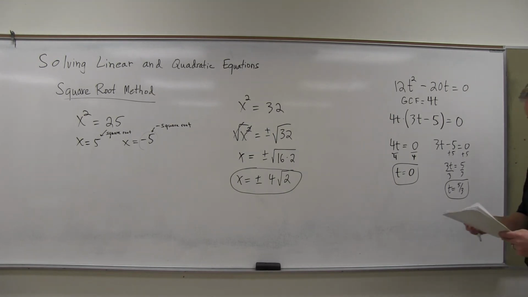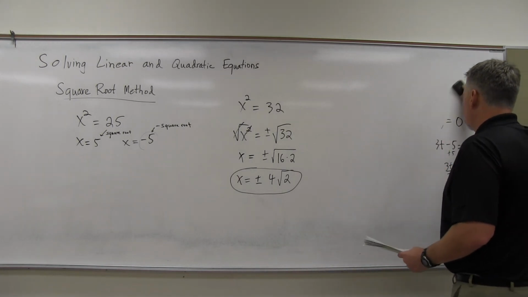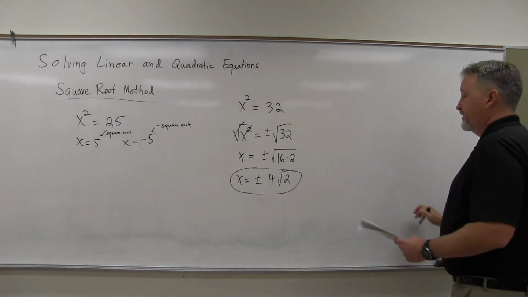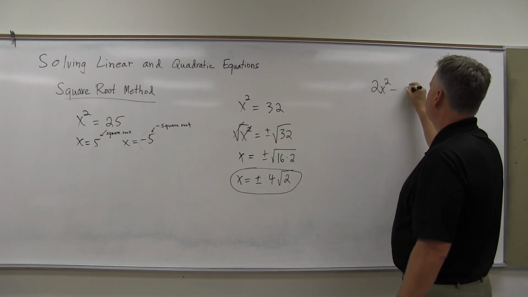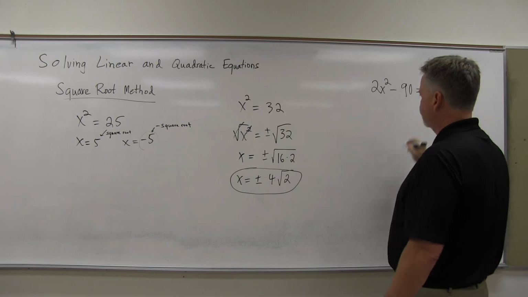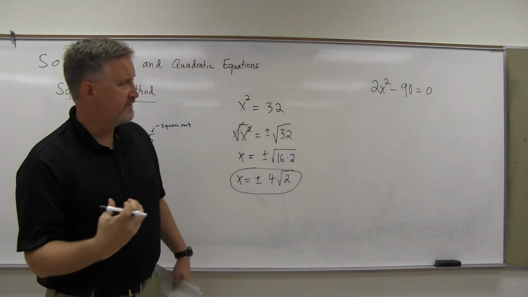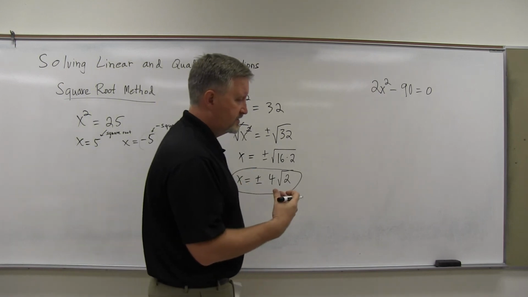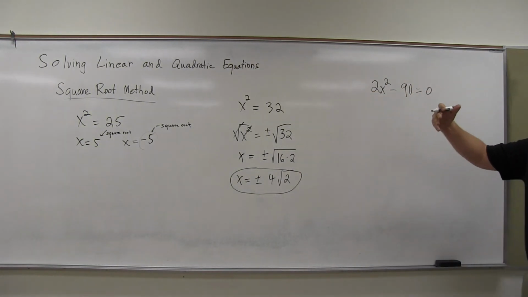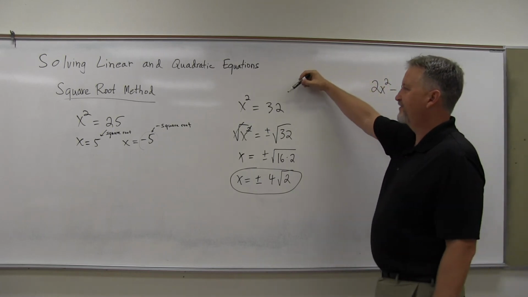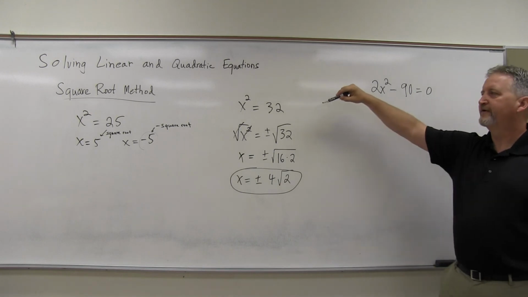Square root method. Now, one thing to note that we haven't noted yet, say we've got 2x squared minus 90 equals 0. Notice now that the square root method is a lot different than the factoring method, because I want one side to be a number.